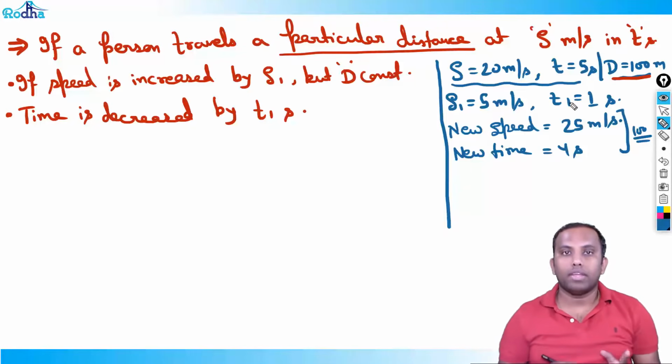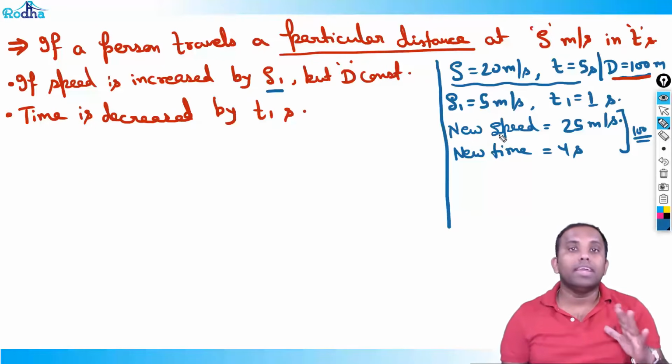So what I'm trying here is deriving a particular concept in terms of s, s1 and t, but parallelly, with the help of numbers also, we're trying to understand that concept. I'll derive a final formula here, which you can easily relate to these numbers. With numbers it is a bit easier to understand.